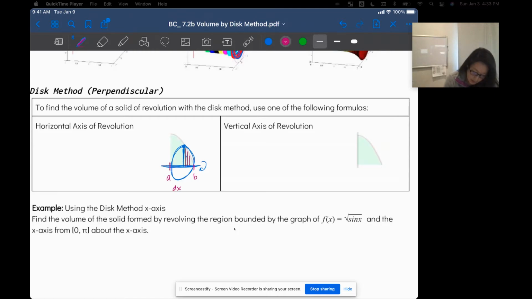If my axis of rotation is the y-axis, or vertical, now I'm taking a vertical toothpick and spinning it.